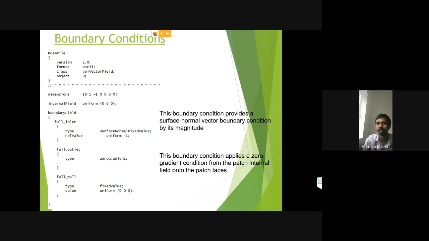We cannot give it like that. So in that case, I am specifying that the air, or whatever the fluid may be, is entering perpendicular to that particular inlet patch. That's why we are specifying it as surface normal fixed value. The value is fixed and it's entering perpendicular to that.